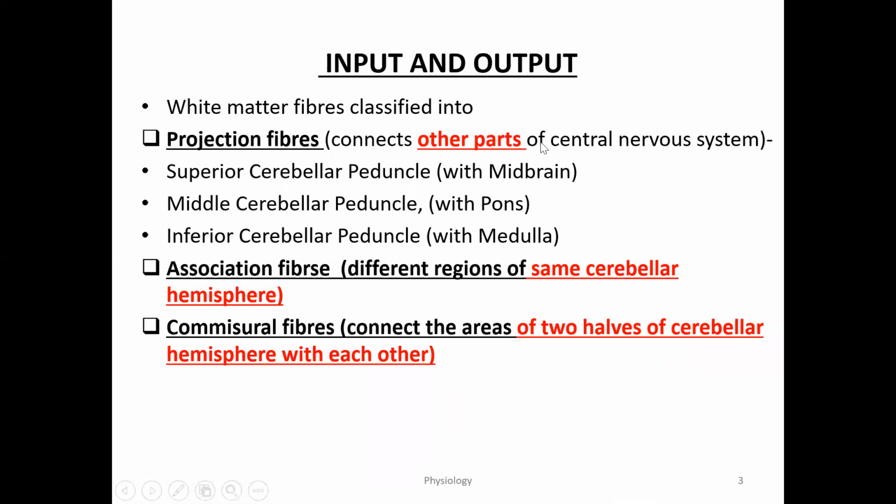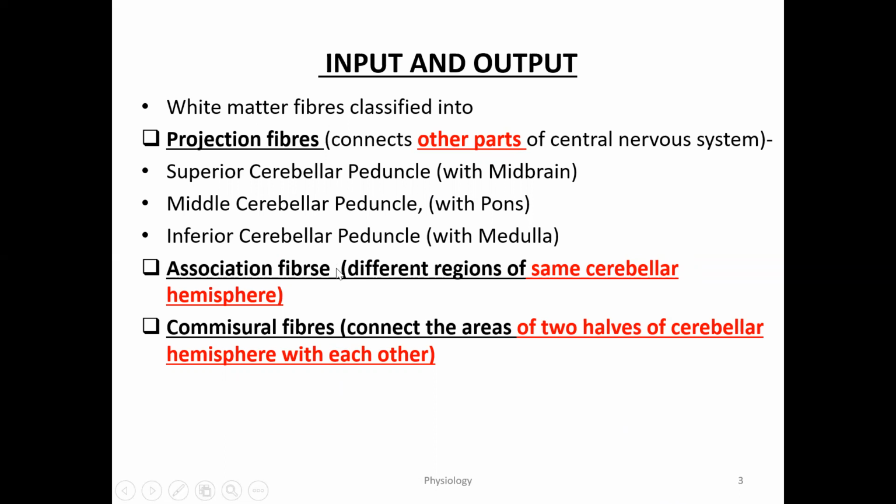For example, projection fibers of the cerebellar hemisphere connect the cerebellar hemisphere to other parts of the nervous system: the superior cerebellar peduncle connects to the midbrain, the middle cerebellar peduncle to the pons, and the inferior cerebellar peduncle to the medulla. That is called projection fiber. It is the same for the cerebral cortex, from the cortex toward other parts of the nervous system, and the same for the cerebellum.